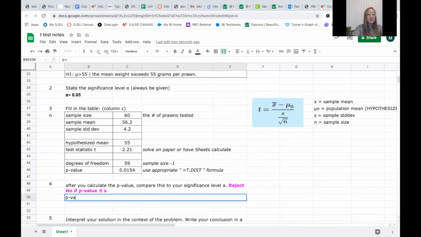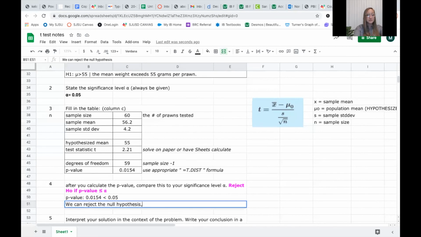So in this case, I got a p-value of 0.0154, which is definitely smaller than 0.05. So p is less than alpha, which means we can reject the null hypothesis, and thusly, we can accept the alternate.